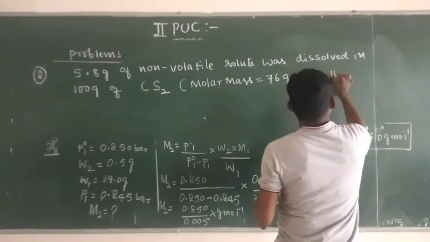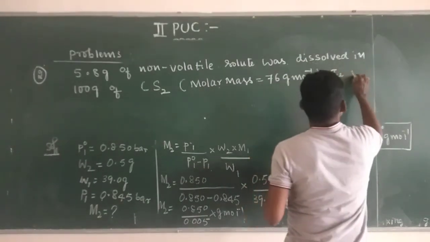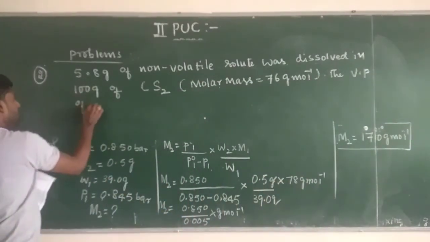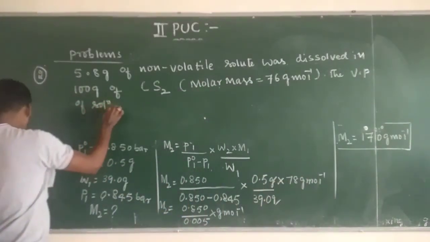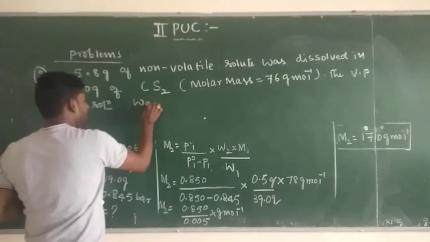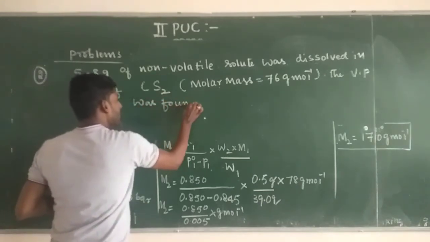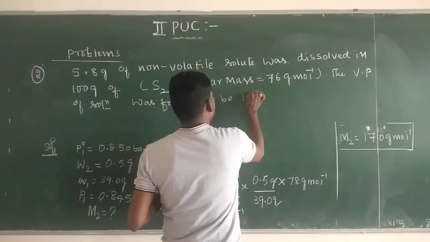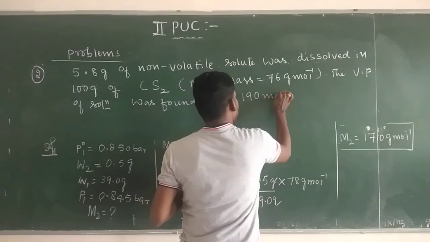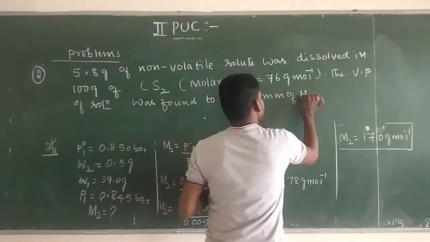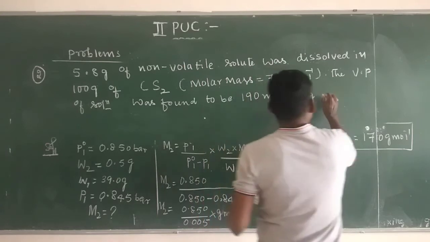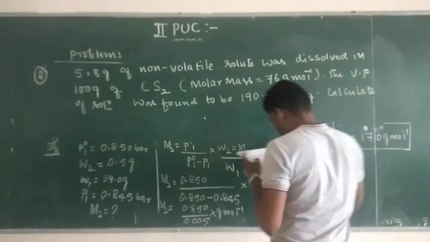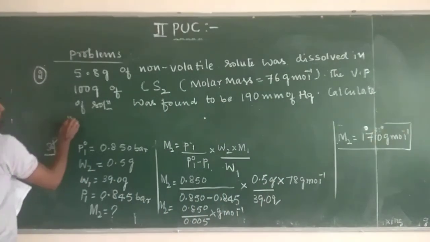The vapor pressure of solution was found to be 190 mm of Hg, millimeter of mercury.